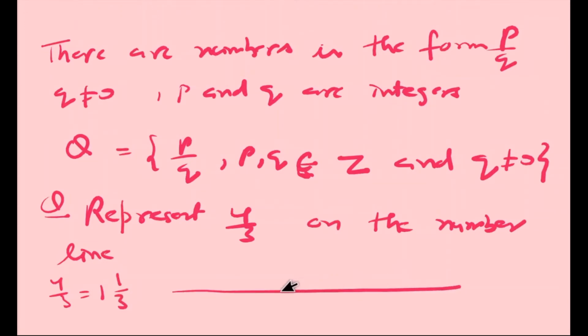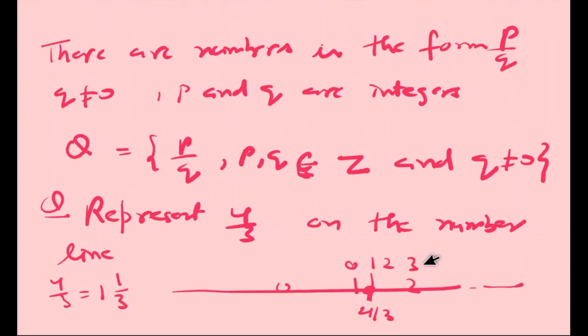There is a number line 0, 1, 2 and so on. So this is completely 1. Now 1 by 3, from here 0, 1, 2, 3. From 3 parts we take the 1 part only. This number is 4 by 3. This way you can represent rational numbers on the number line.